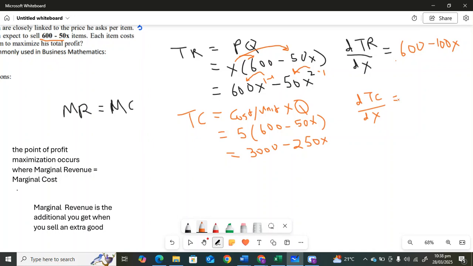And when we derive the total cost, what do we get when we derive the total cost? Yes, negative 250. Negative 250.